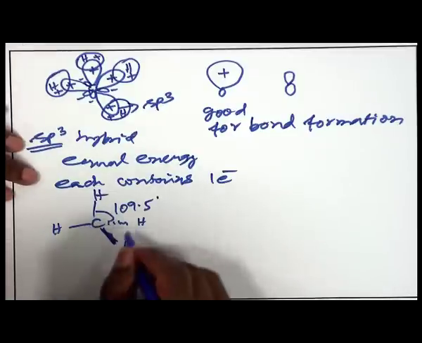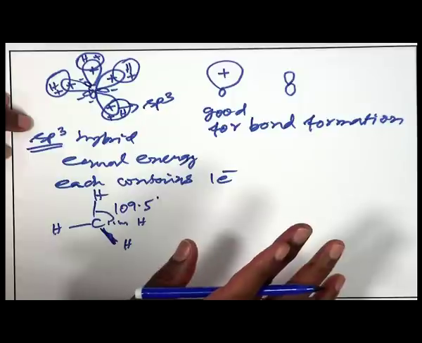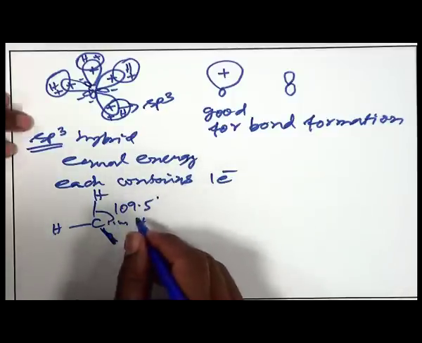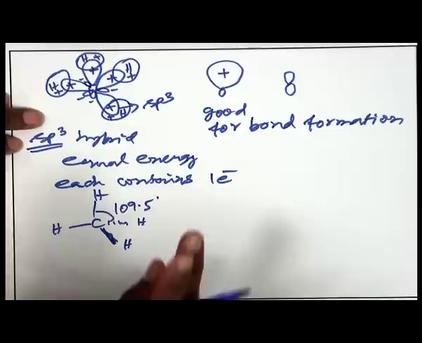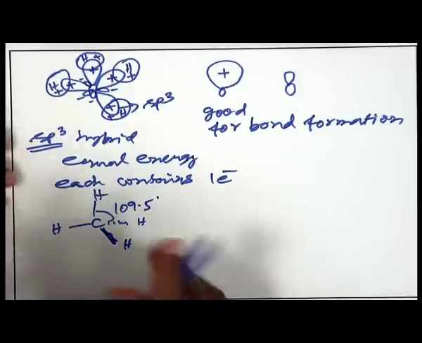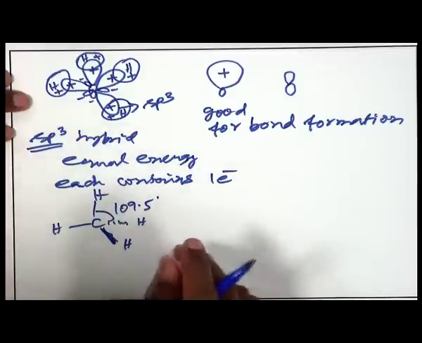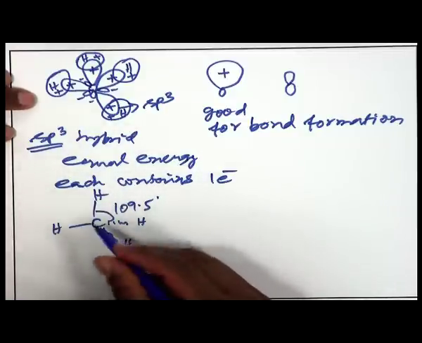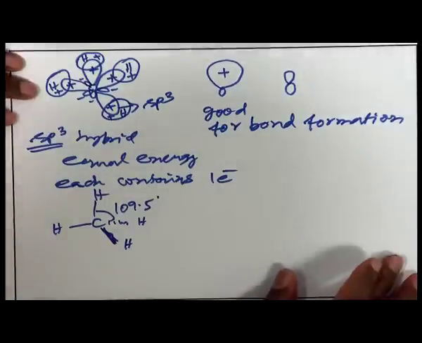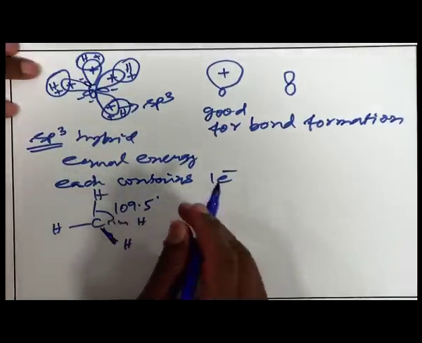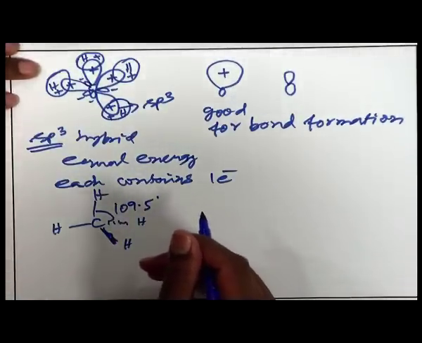Four bonds are formed by 4 hybridized sp3 orbitals, those orbitals have equal energy and contain 1 electron each, and when bonds are formed, they give a particular shape to the molecule. In the case of carbon, the shape of the molecule is tetrahedral. So, that is how bonds are formed under the valence bond theory.